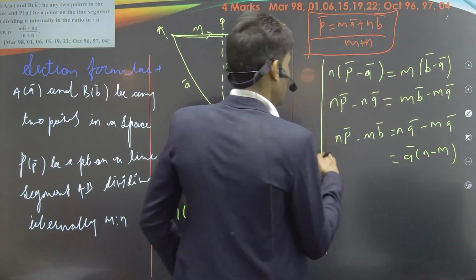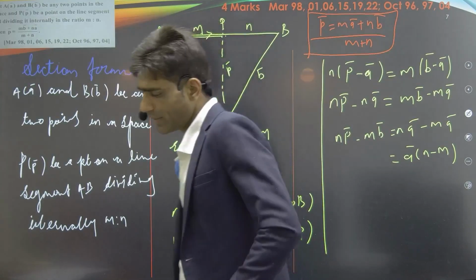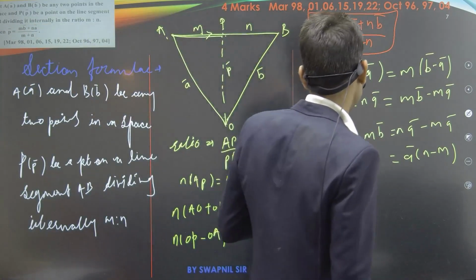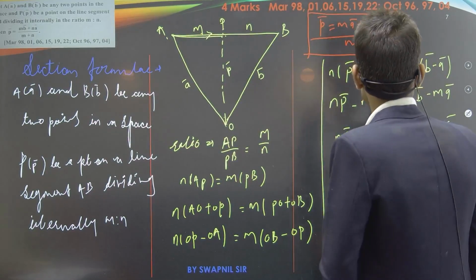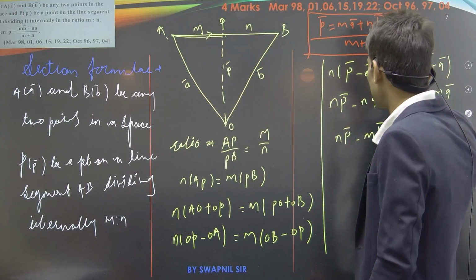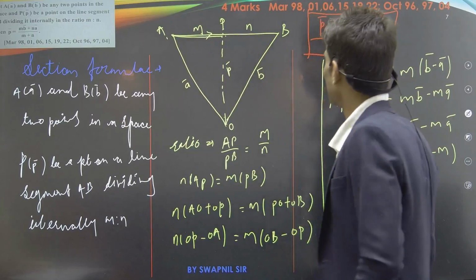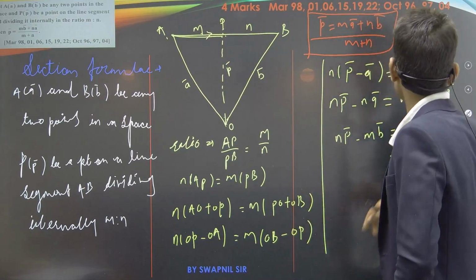We cannot take anything common from the P bar and B bar terms, so we have to adjust this term here also. OP is a P bar, so OB, OP, P bar is there.